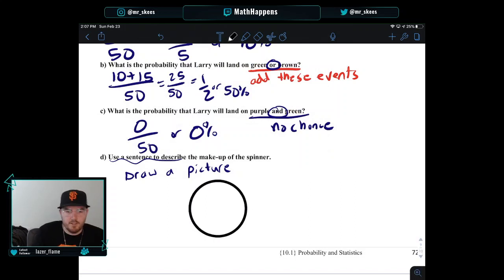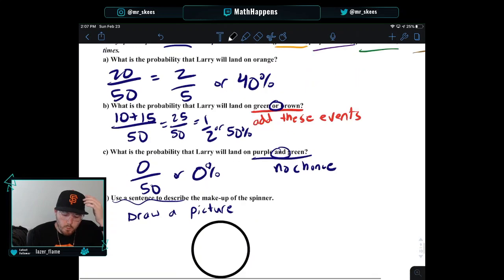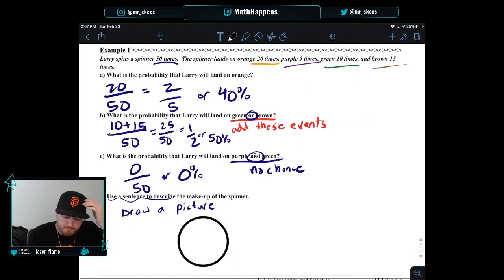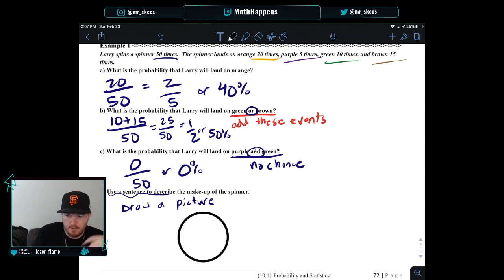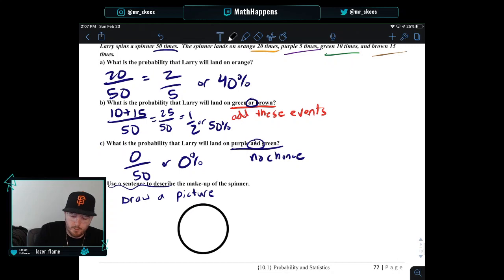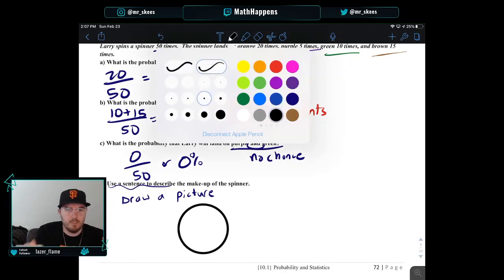Okay, there's a circle. What does this mean? When it comes to the 50 spins that we've had, 20 of them, or 40% of them, were on orange. This leads me to believe that 40% of the spinner is orange.